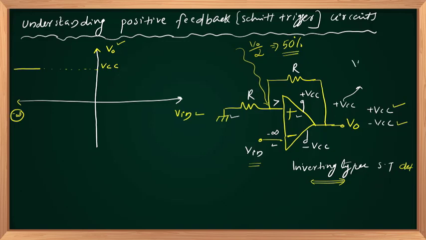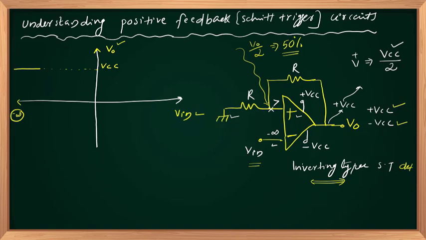So my V plus will be VCC divided equally between the resistors. So V plus will be equal to VCC divided by 2. When the output is at plus VCC, as this is grounded with equal resistors, my V plus will be equal to half of VCC.